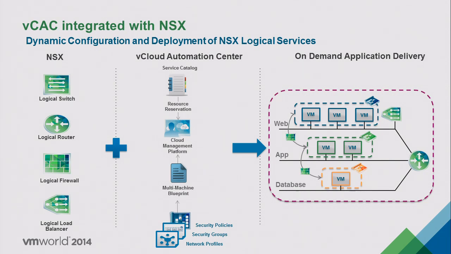And not only that, it's done in a templated and automatable manner so that we can keep deploying our applications as required. And really, this is the reason why so many NSX deployments will be interested in vCloud Automation Center, because it's with this automation that the capabilities of NSX really shine.